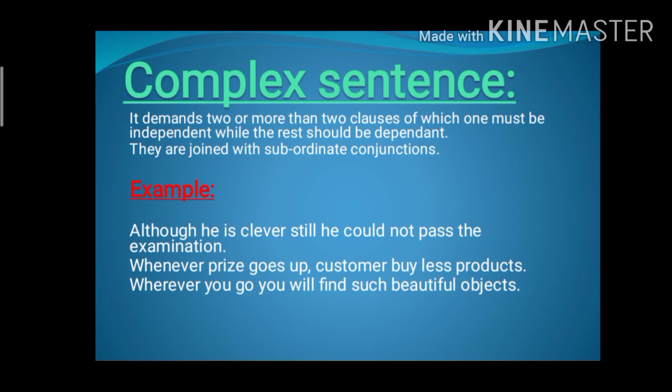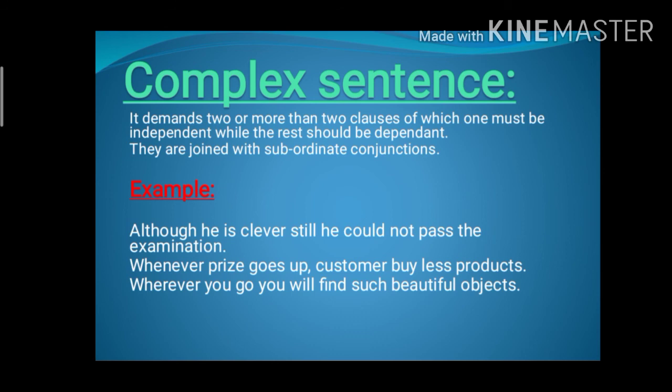Here, look at these examples. Although he is clever, still he could not pass the exam. Here, guys, you will notice that our second part, he could not pass the examination, is an independent clause, whereas our first clause, although he is clever, is a dependent clause. According to the next sentence, whenever prices go up, customers buy fewer products.